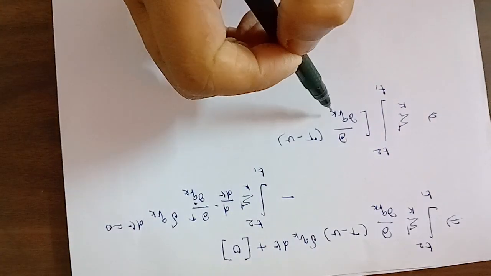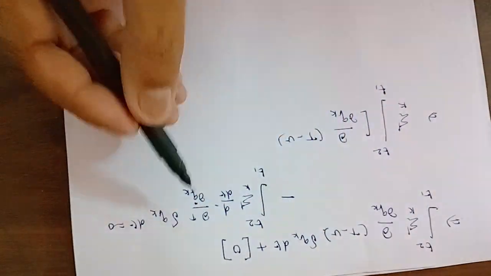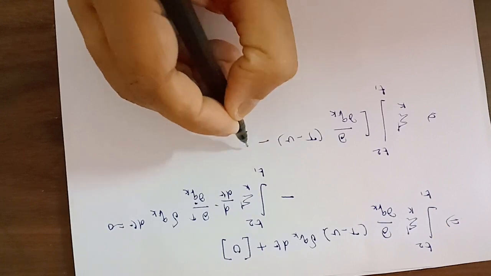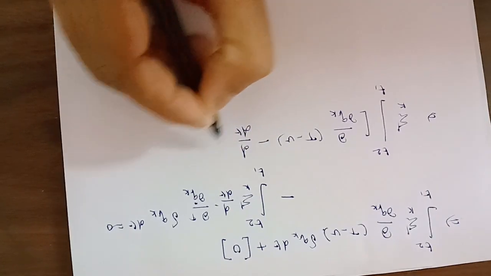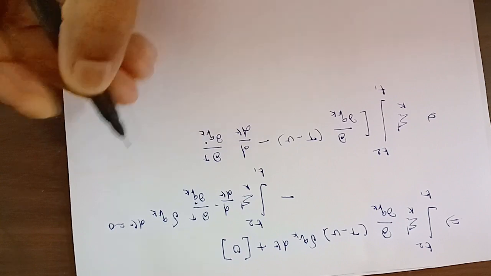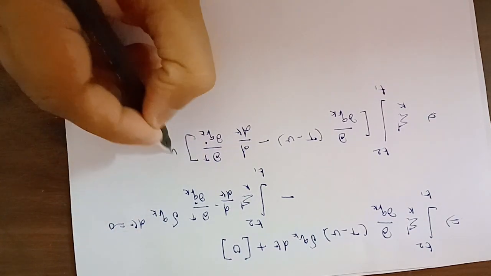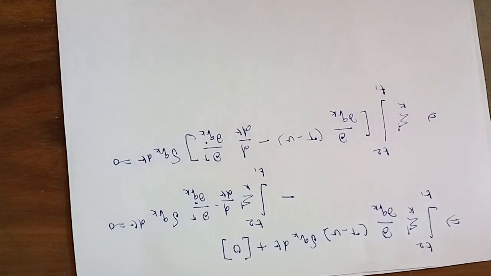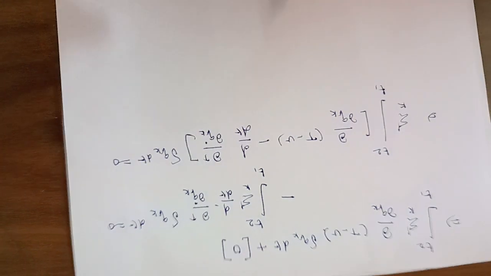So dou by dou qk of t minus v is there. Then another is what? Minus d by dt of dou t by dou qk dot is there. Then this delta qk into dt comes outside, equal to 0. So the above equation may be written as follows.